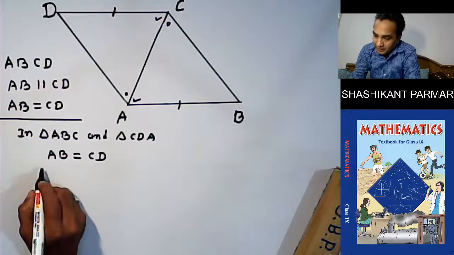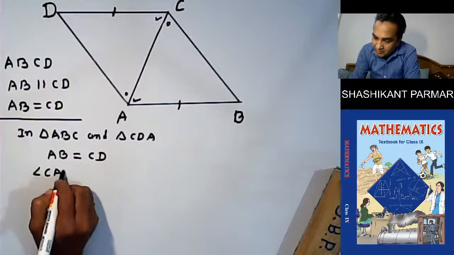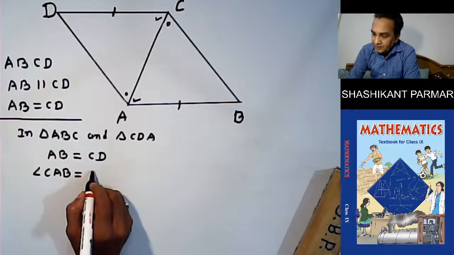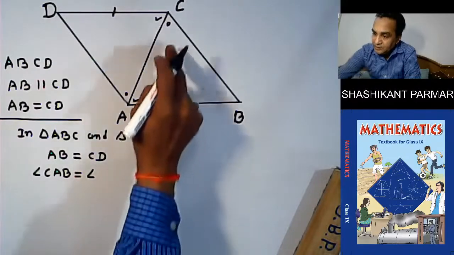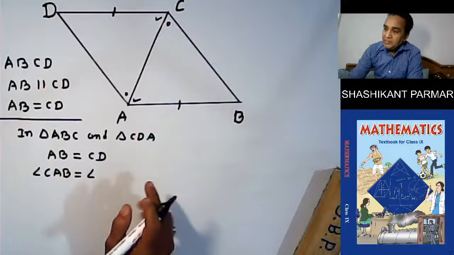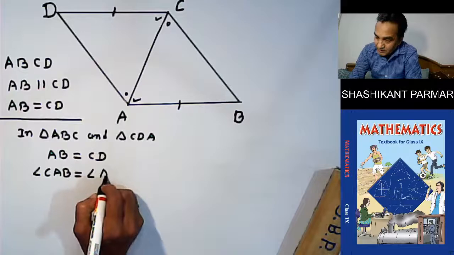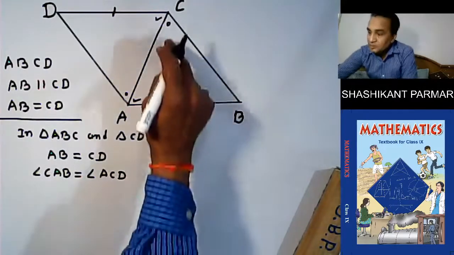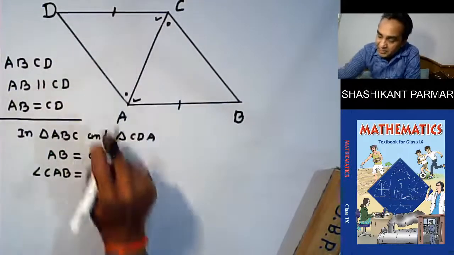So angle CAB is equal to angle ACD. CAB is the right side, ACD is the right side.